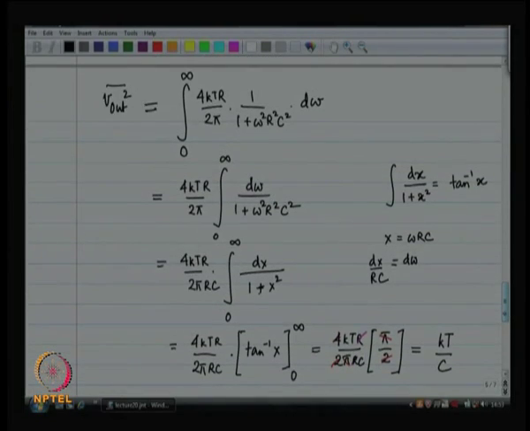What is the story? Next thing to observe is that there is no df anymore, alright. Earlier the noise for a resistor over a given bandwidth is 4kTR df, that is the mean square noise voltage over a given bandwidth delta f. In this case, the mean squared noise voltage at the output is over the entire range of all frequencies.